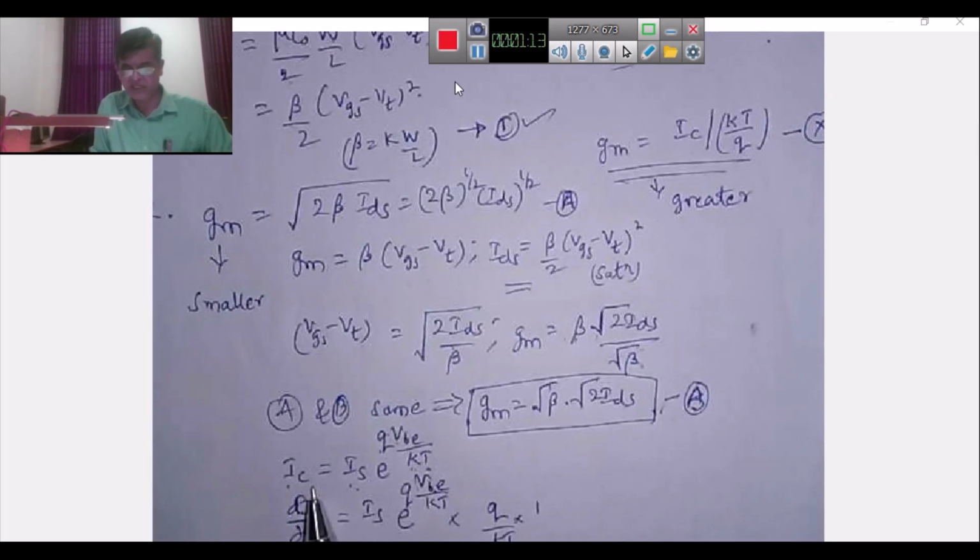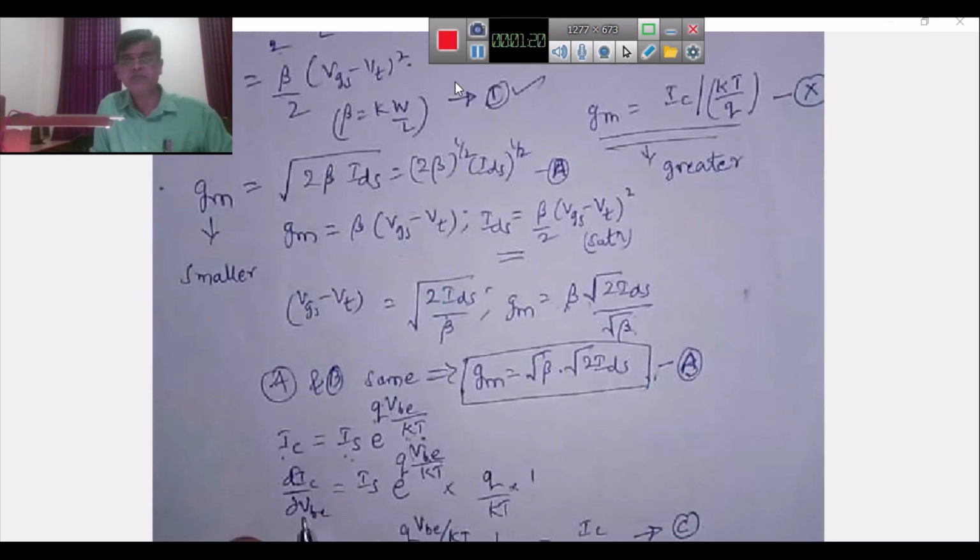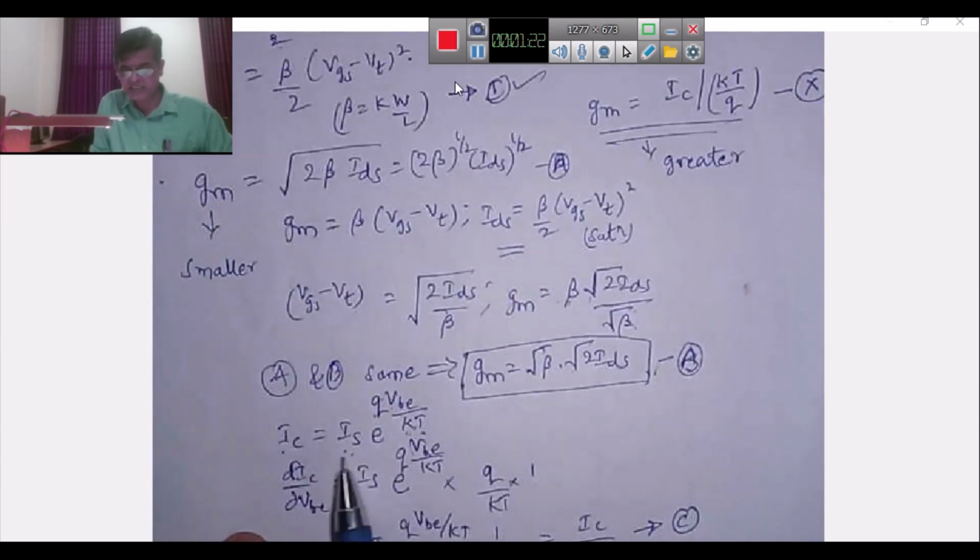Now differentiate this equation with respect to VBE. del IC by del VBE is equal to IS, since you know that IS, Q, K and T are constants. So it is something like some constant into e raised to some K into X. The differentiation of e raised to K into X is e raised to K into X into the differential of the exponent. What is that? K.